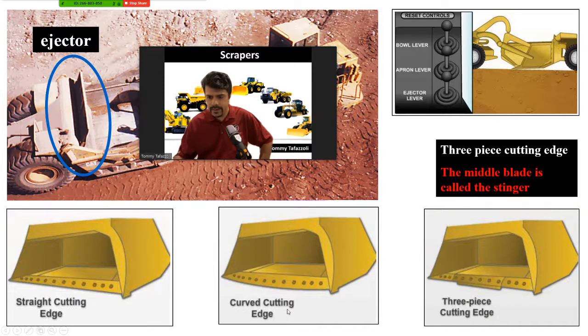It could have a three-piece cutting edge, a curved cutting edge, or a straight cutting edge, depending on the surface type and other factors like the grade and rolling resistance. You would select one of them. In a three-piece cutting edge, the middle blade is called the stinger, this part.